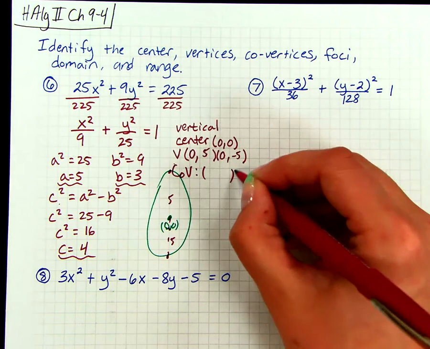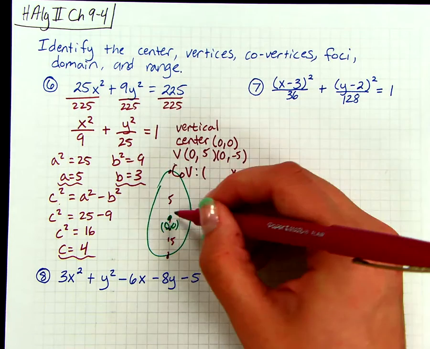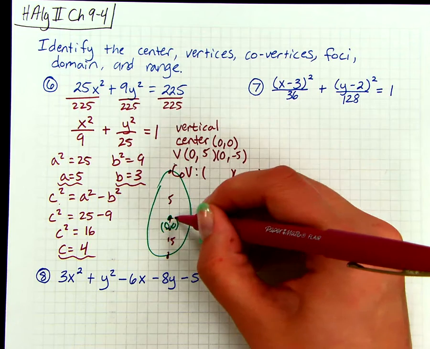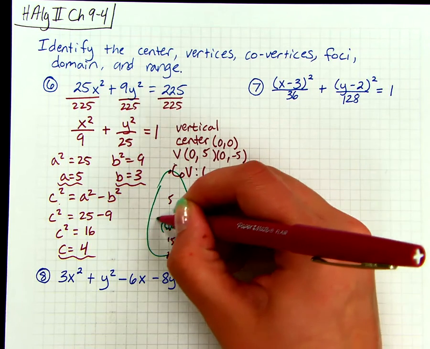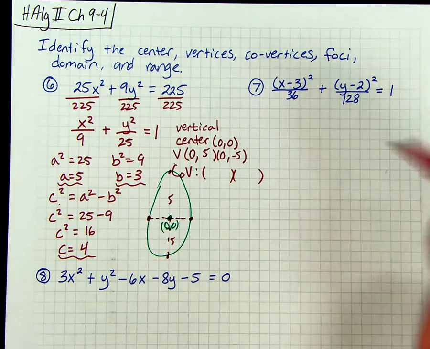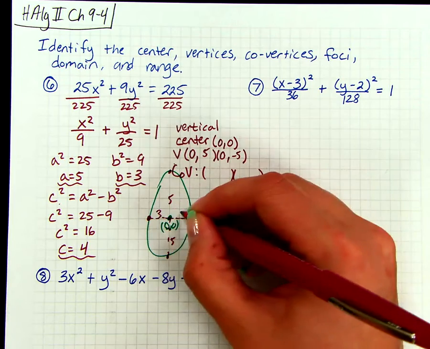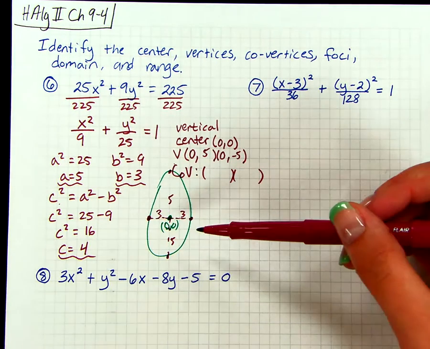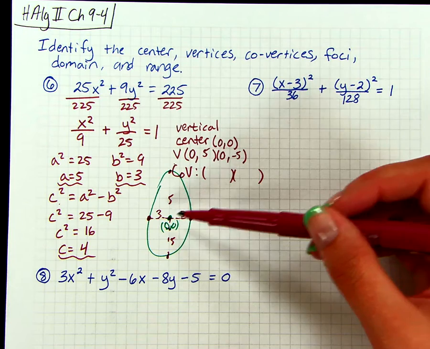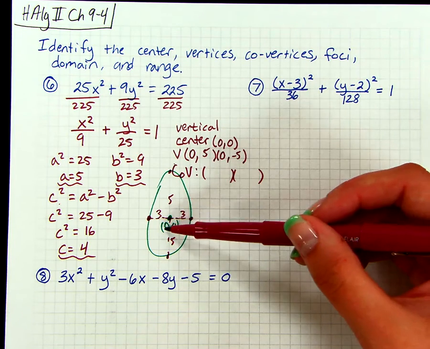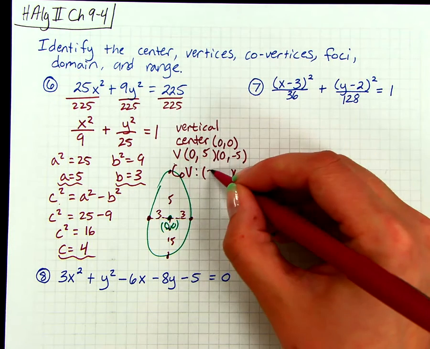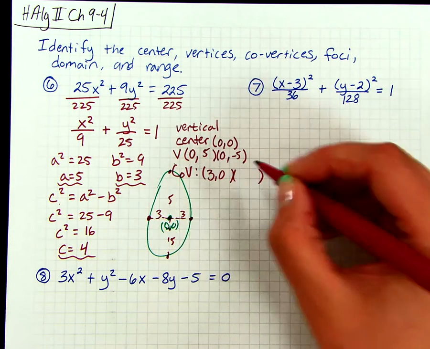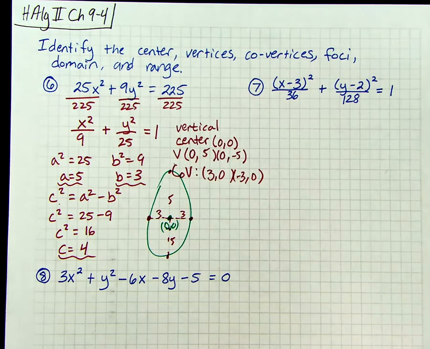Again, we have 2 of those points. So that's going to be this direction. So to here and to here, and that's the length of our B value, which we know is 3. Okay. So again, if we're moving horizontally, that means that the x value is changing. So we're just going to add and subtract 3 from the x value of our center. So we'll have 3, 0 for this point, and then negative 3, 0 for the second point.